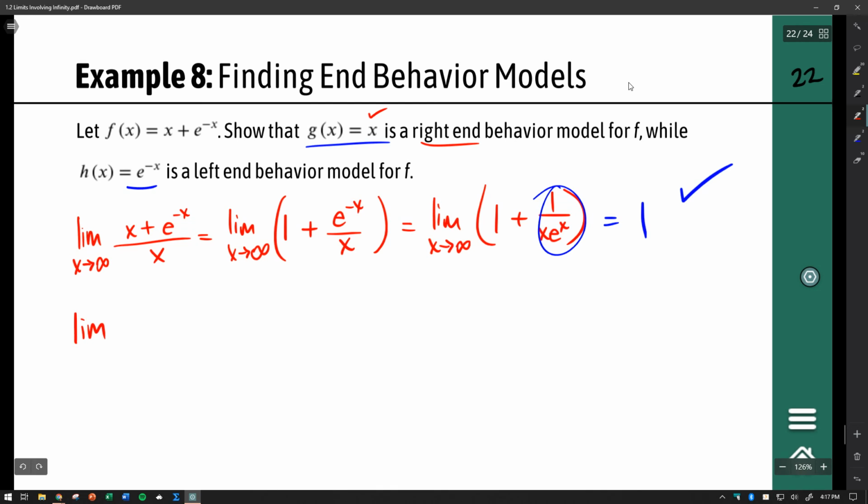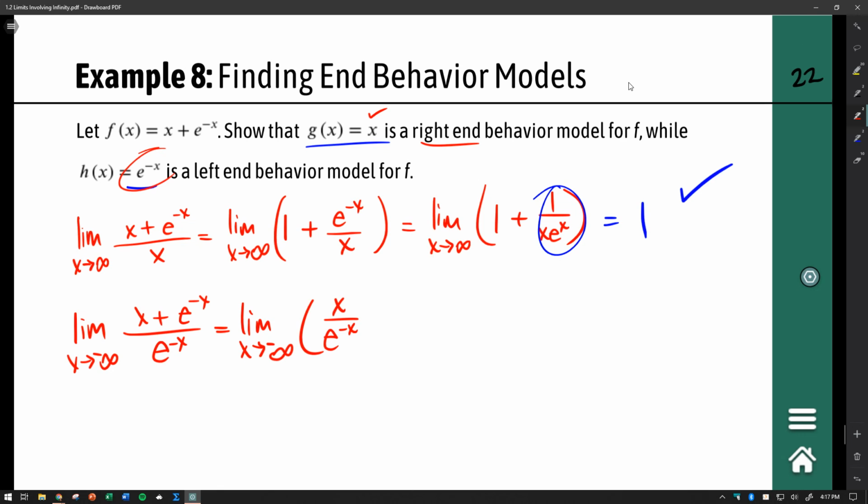For the other one, the limit as x goes towards infinity of, here's f, so e to the negative x over, we want to show the left end, so we're using e to the negative x there. And this would be equivalent to the limit as x goes towards negative infinity of x over e to the negative x, and then this would be plus 1.